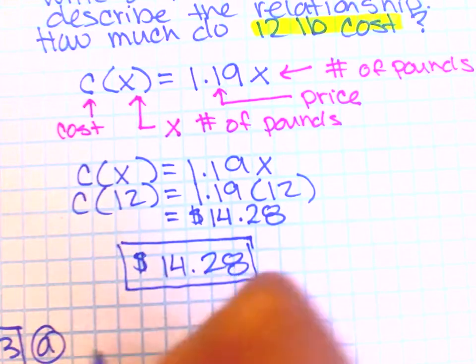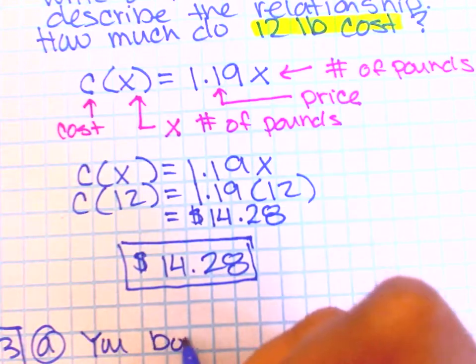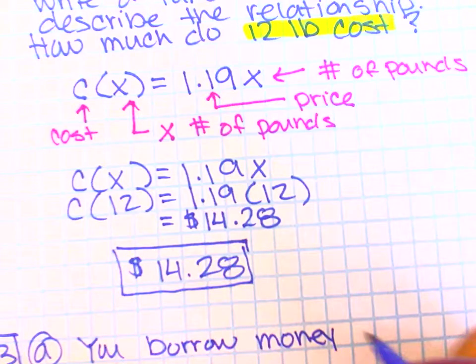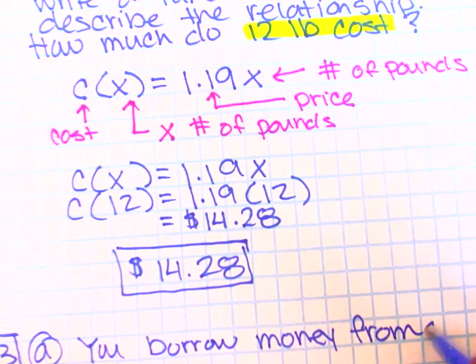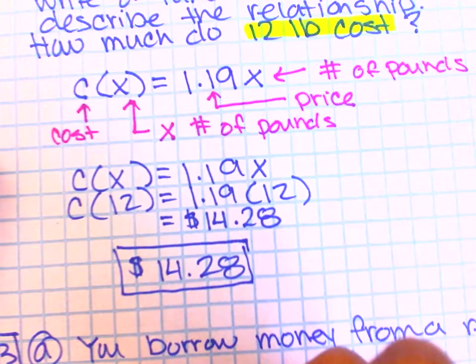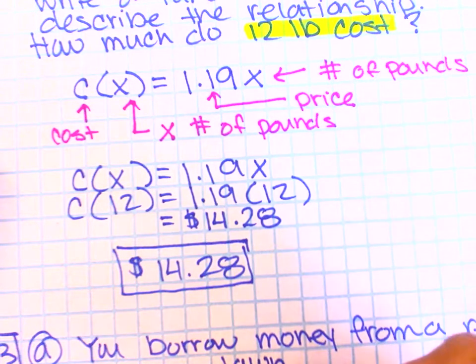And this is letter A. You borrow money from a relative. Maybe it's your brother or sister, if they let you borrow their money, to buy a lawnmower, because you like to mow lawns.